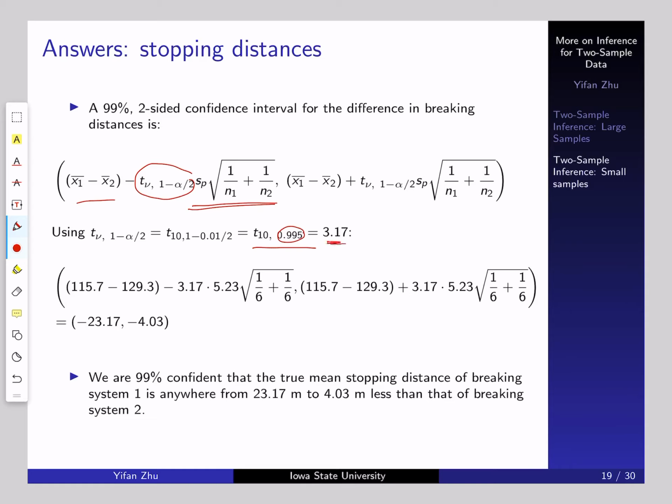So that is 3.17. And we get a two-sided 99% confidence interval from negative 23.17 to negative 4.03.